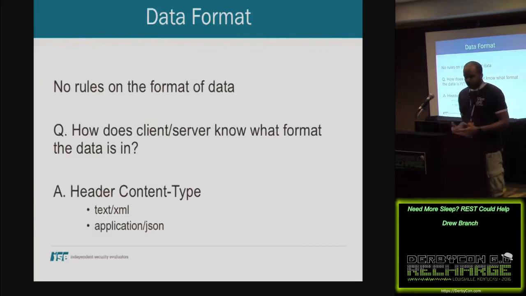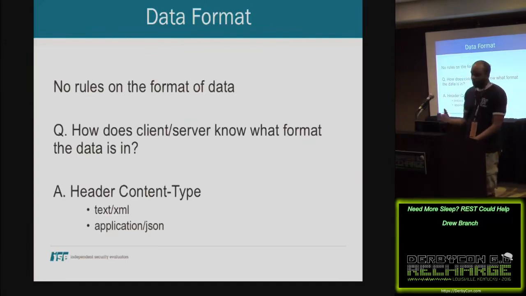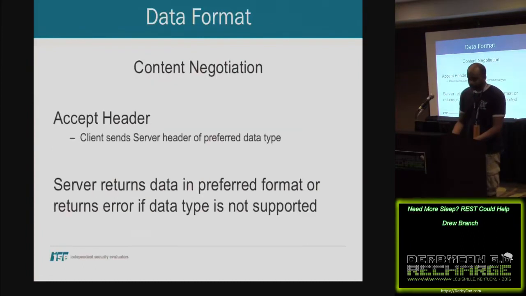The client or server sends this header value, whether it's text/xml or application/json, telling the server or client what the format of the data is. And an API could return multiple data types, such as XML and JSON, or text and XML.